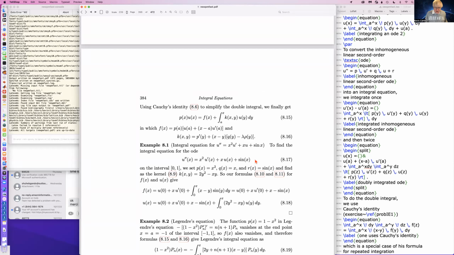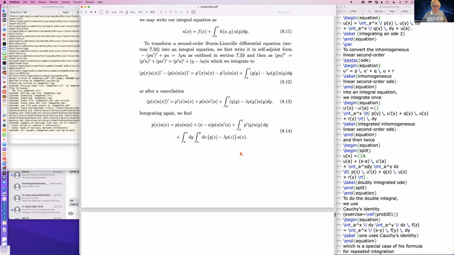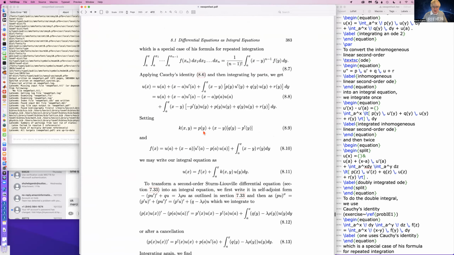So what do we have? Well, the kernel, k of x and y, what is that by definition? Let me see if I can make this just a little narrower. What that is by definition is the kernel is, oh, you're not seeing this.